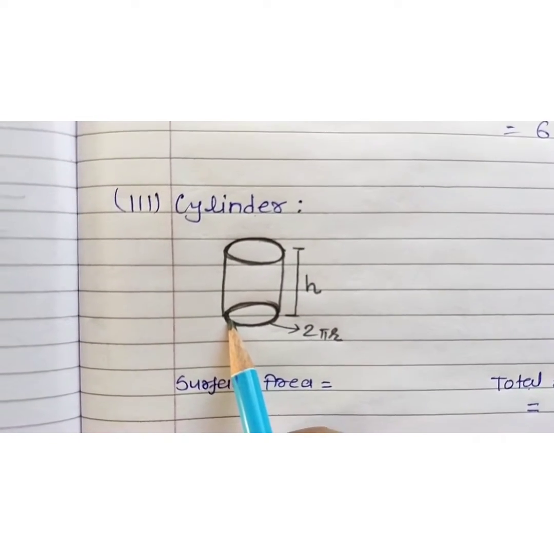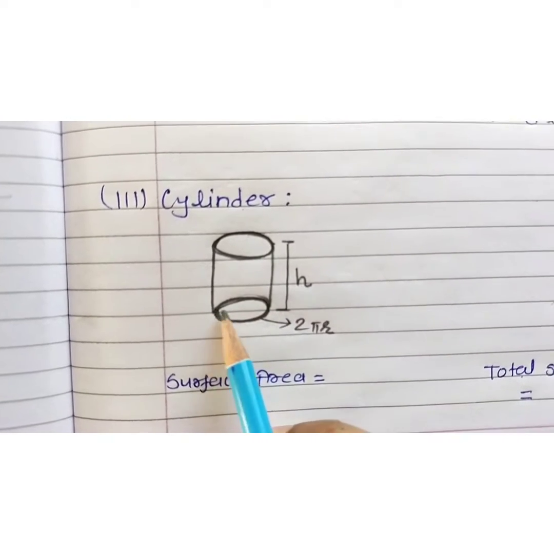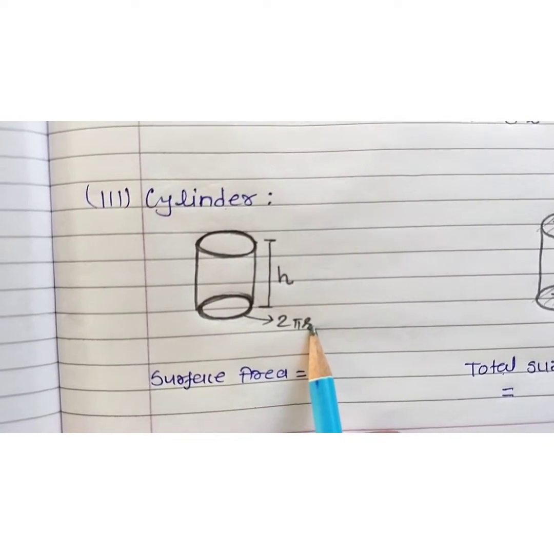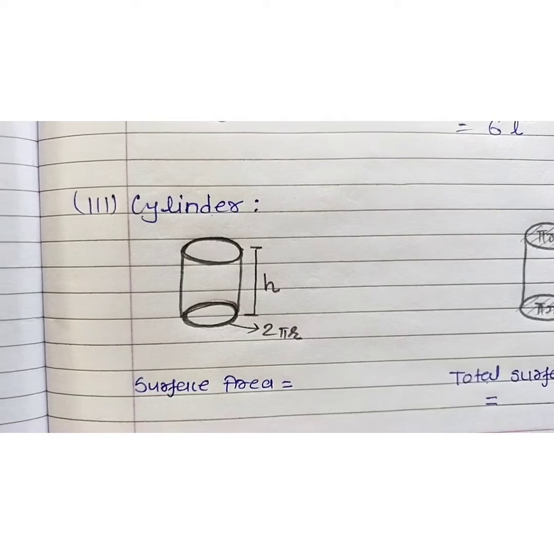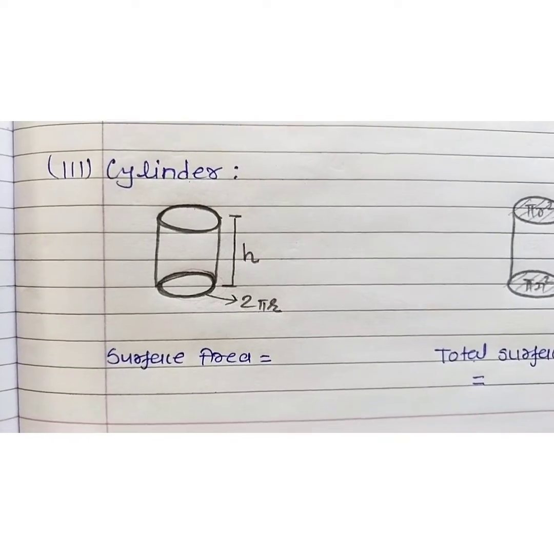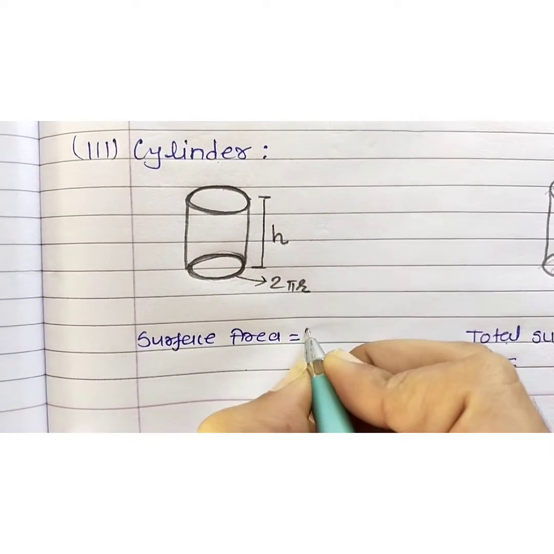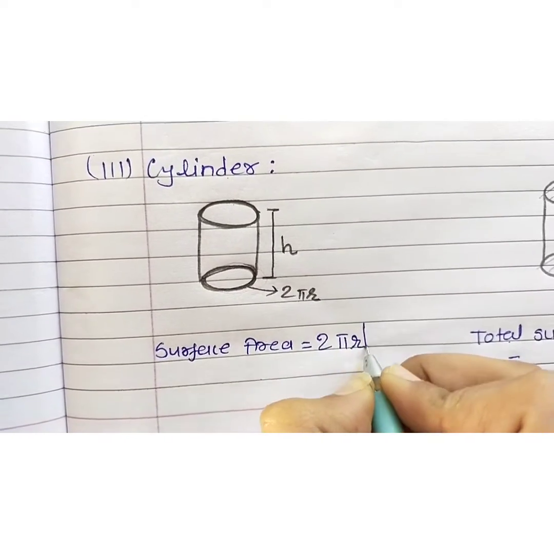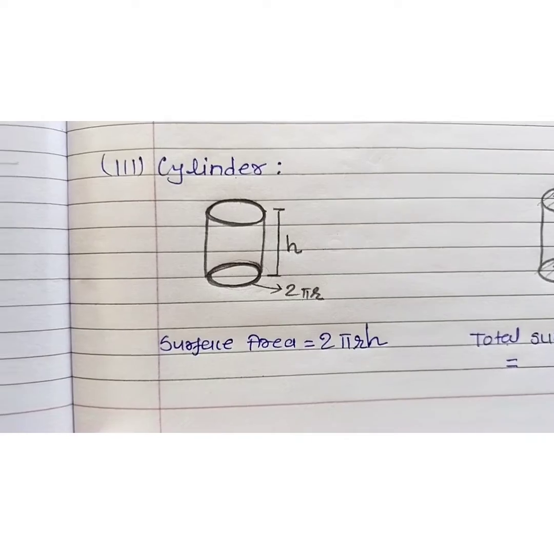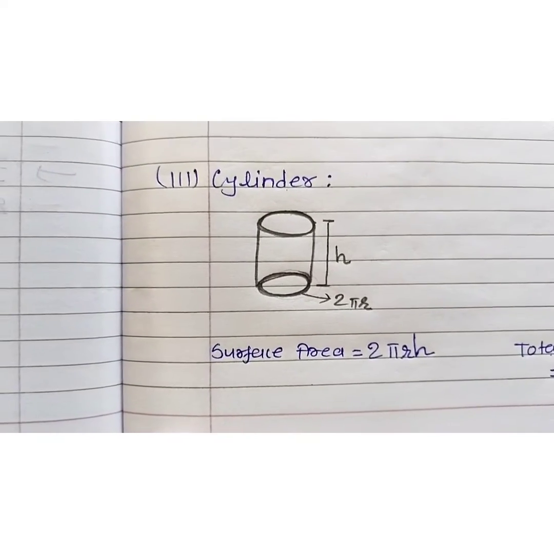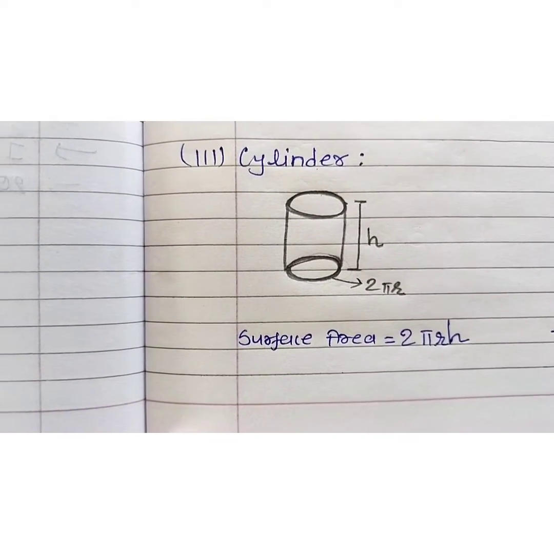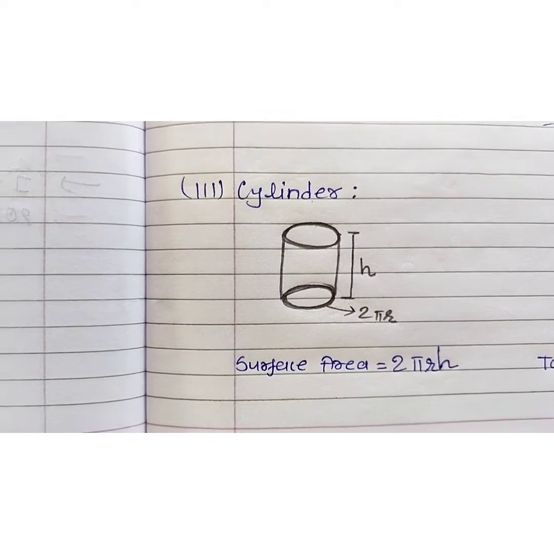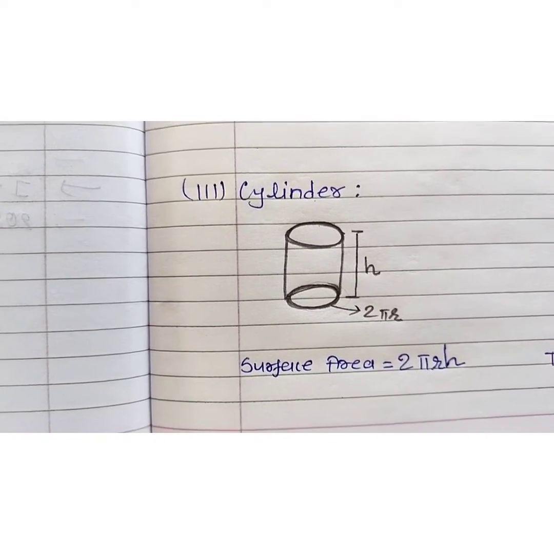So, we know that the perimeter of circle is 2 pi r and the cylinder has its height. So, the surface area will be 2 pi r and include the height h. So, it will become 2 pi r h. The surface area of cylinder is 2 pi r h.